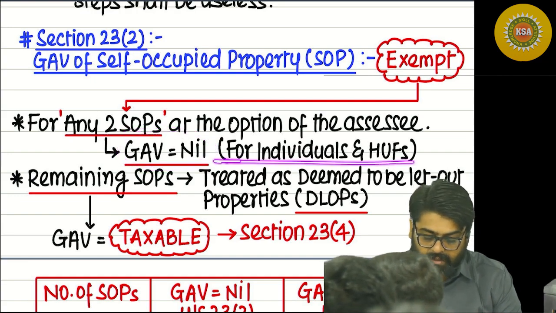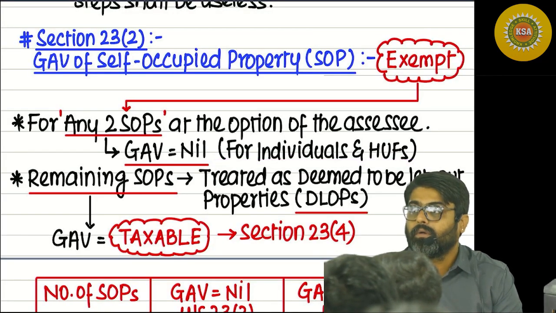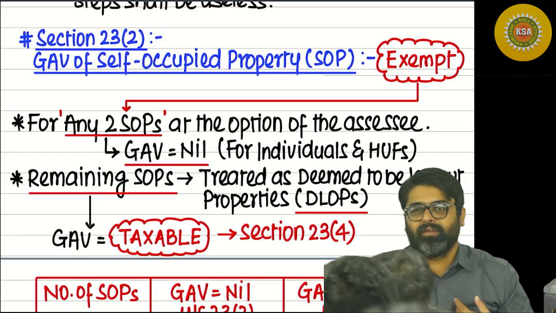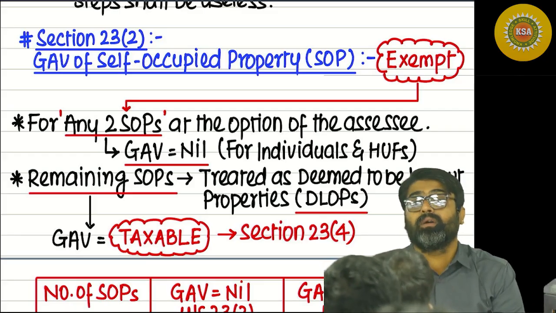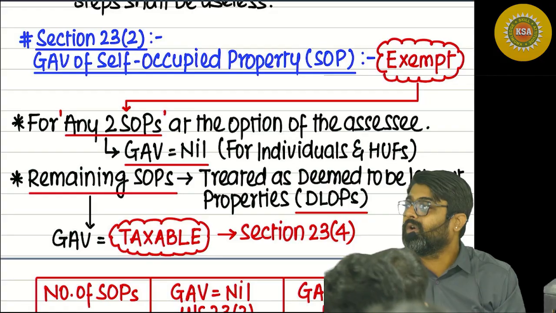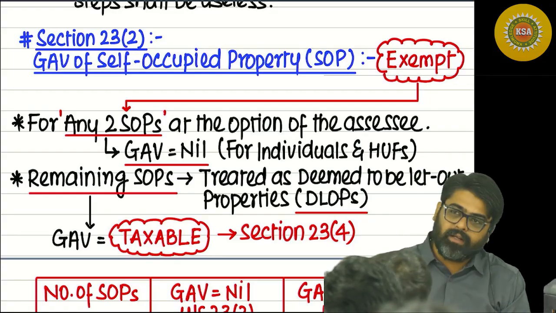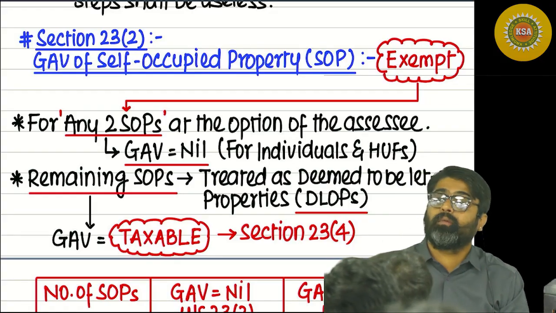This exemption is available only to individuals and HUF. Yes or no? Because only individuals and HUF can use the property for residential use, no? Hello? So, if you are an individual, if you are an HUF, you are having multiple SOPs.